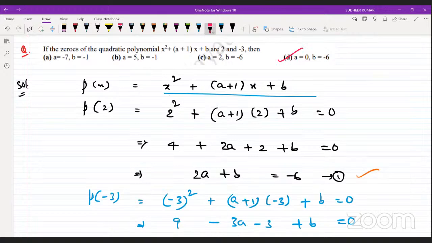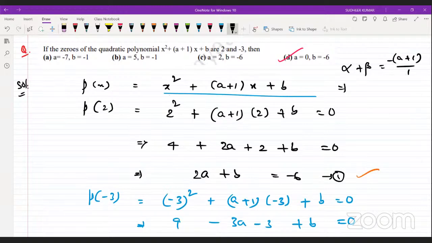You can also use the sum of zeros and product of zeros. And one more is substitute option verification. Sum of zeros, alpha plus beta, is minus of a plus 1 by 1.